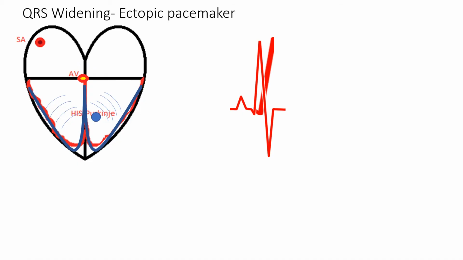But because this takes longer to travel through the full length of these Purkinjes, as opposed to starting in the AV node and going down both at the same time, I get a prolonged QRS complex. This is why ectopic ventricular pacemakers create very large, wide QRSs.